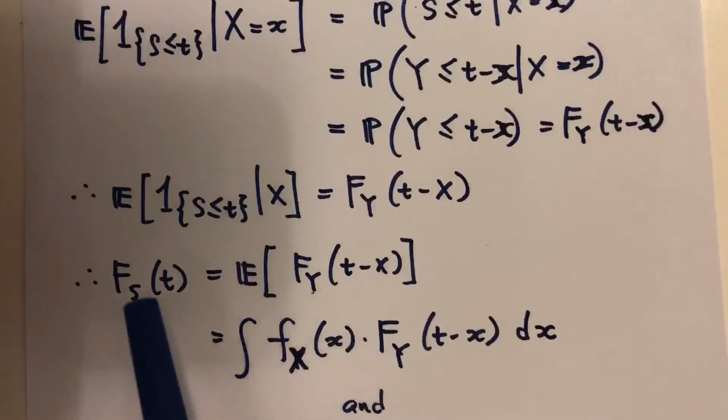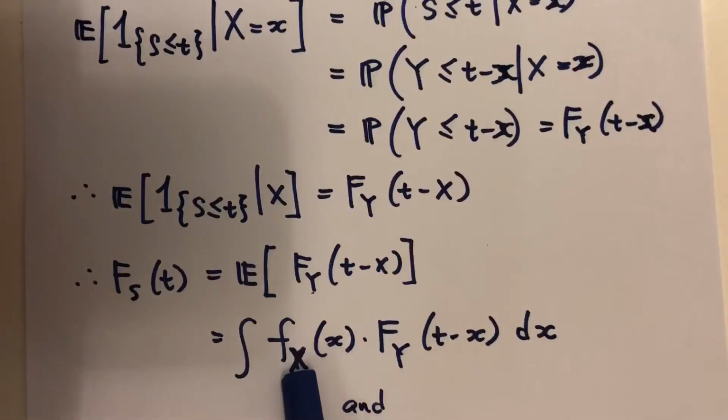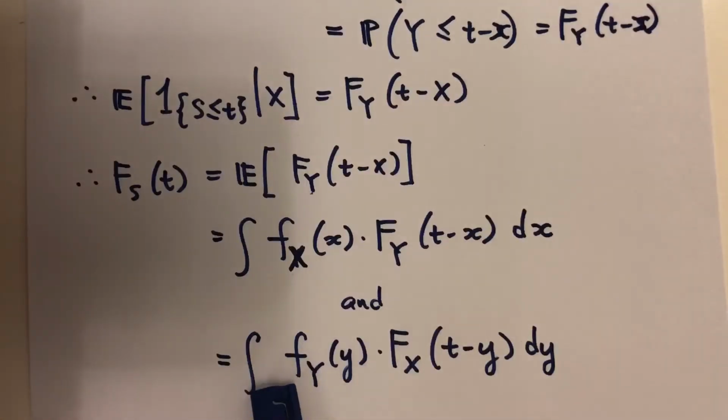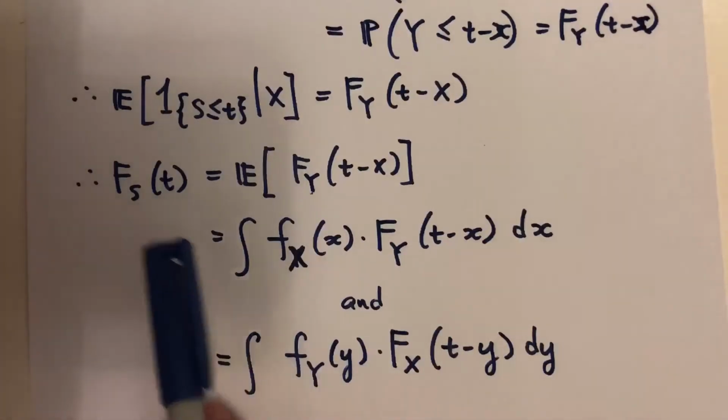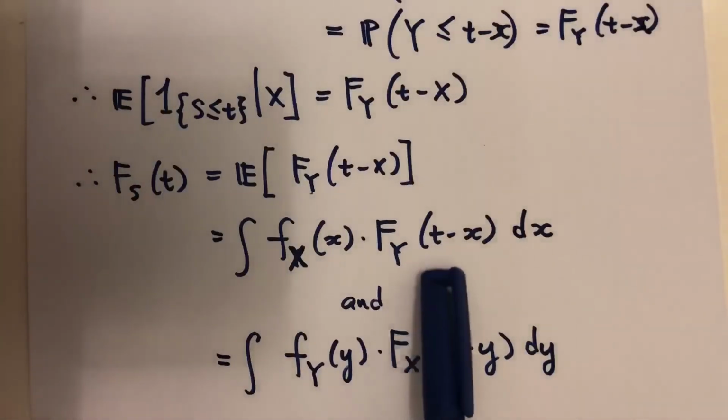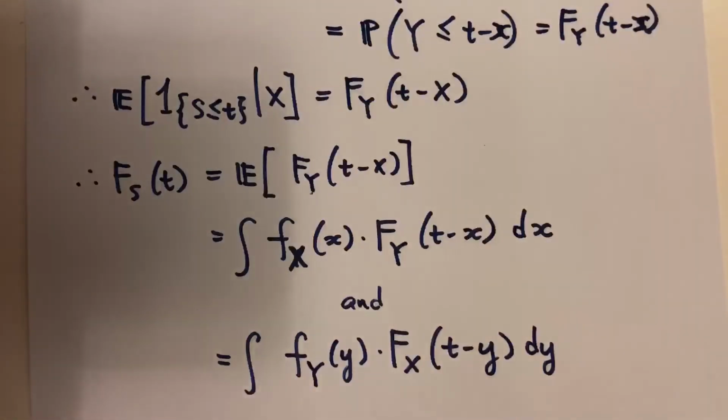So you can see we can find the CDF of S from the density of X and the CDF of Y. But X and Y are symmetric, so we can also change X to Y and Y to X. So we can also write the CDF of S as the integral of the density of Y times the CDF of X.